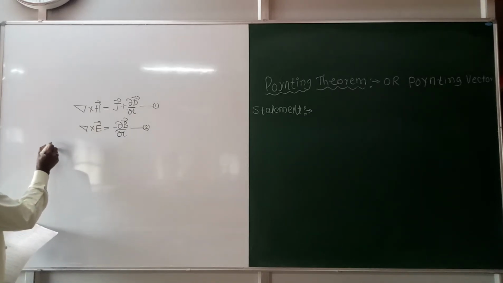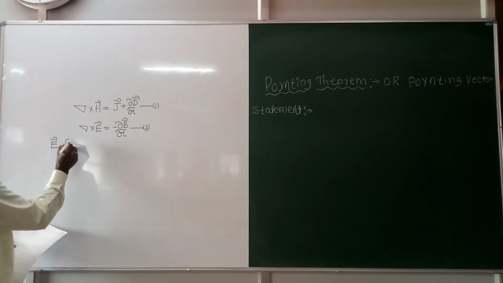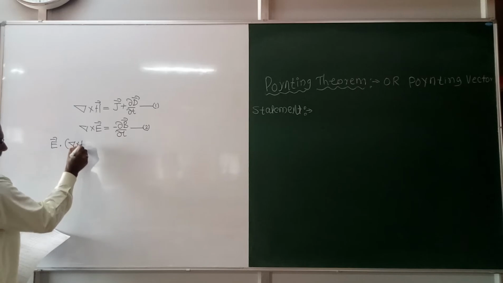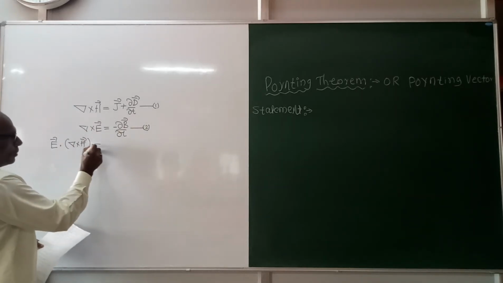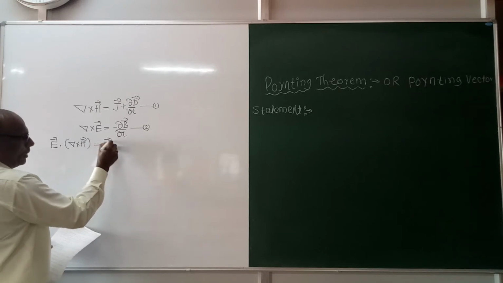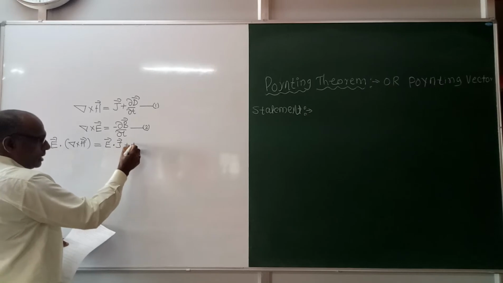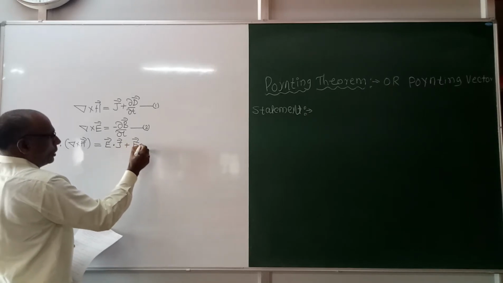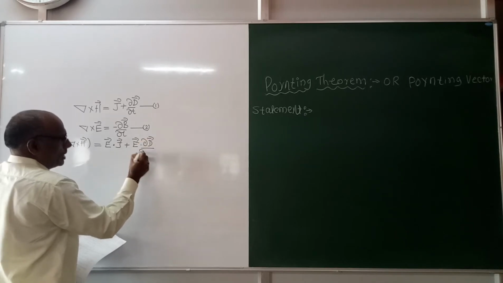Let me take E dot del cross H, that is equal to E dot J plus E dot dou D by dou t.